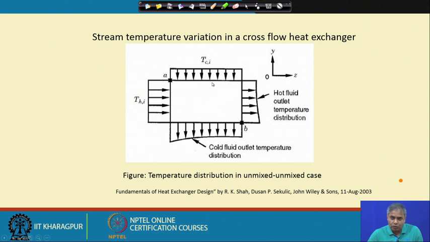So, this colder hot fluid is switched over to the other side and the hotter hot fluid is switched over to the opposite side. If we do that, then we can reduce this non-uniformity of temperature. So, this is what we would like to do.